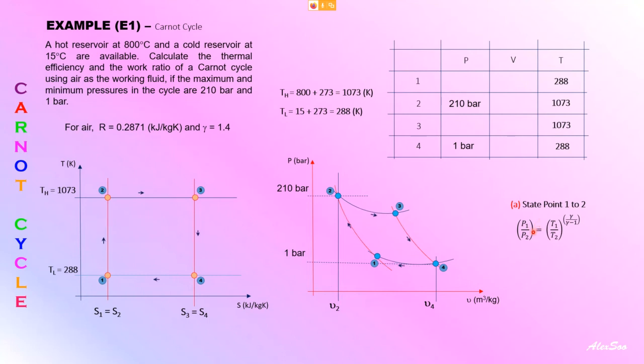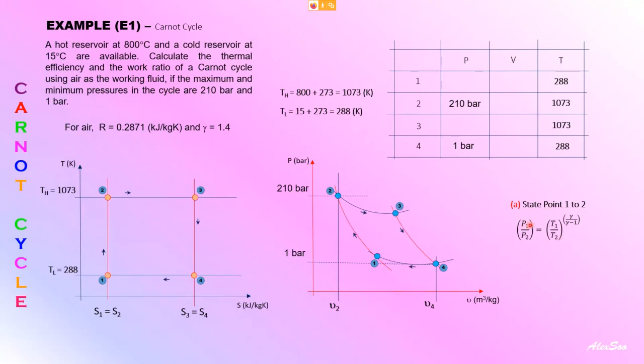You can use this formula here to find the pressure at point 1, because we know P2, T1, and T2. From the diagram we know 1 to 2 is isentropic, which is why I use these formulas. These formulas are only for isentropic or polytropic processes.